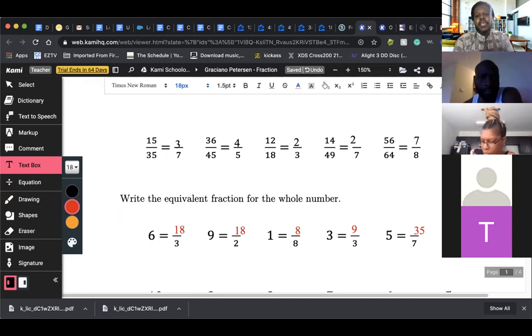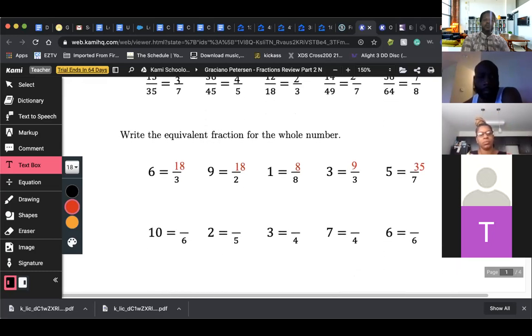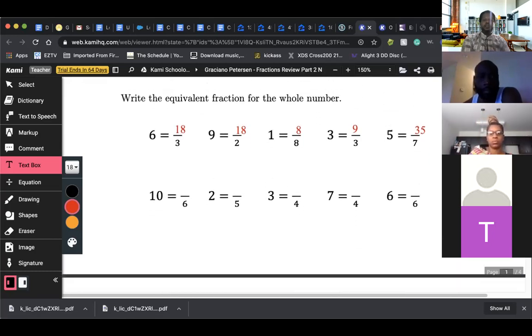All right, and then 8 times 4, the last one is 32. 3 times 3 is 9. 7 times 5, 35. Okay, we have one more row.